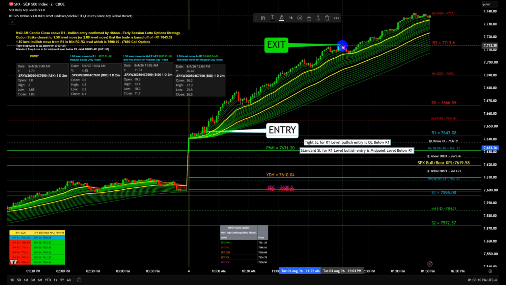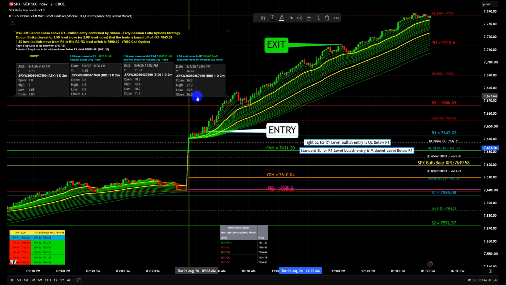The 2 level move here, 12:04 p.m. Now the bid is $26.50. That's a profit of $2,465. So that's roughly a little bit over 1,300% gain from $1.85 to $26.50. Now, it has continued to make a move even further.